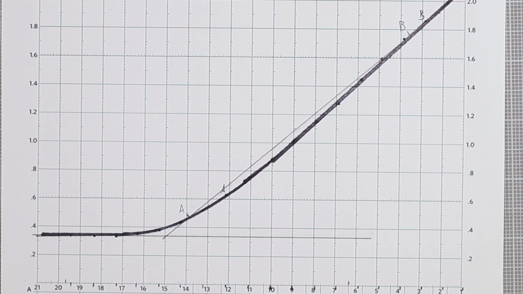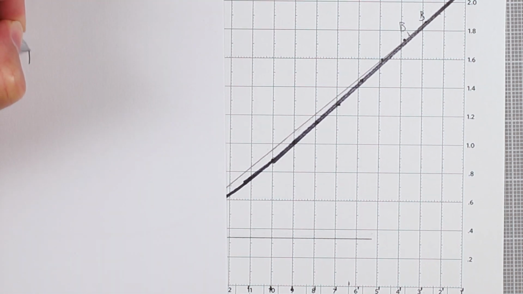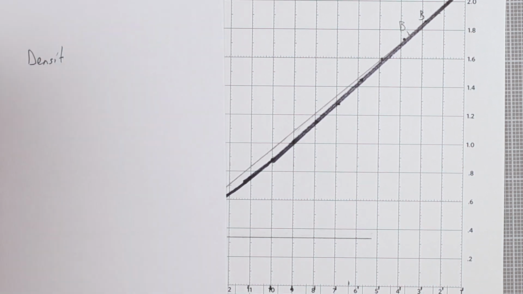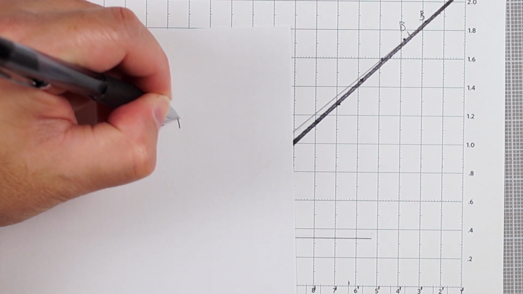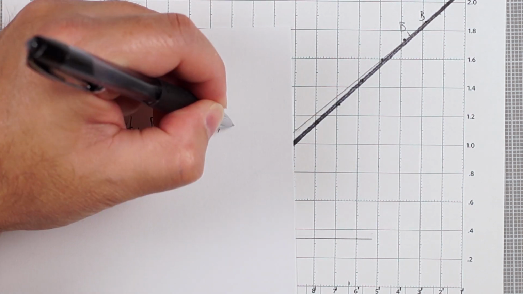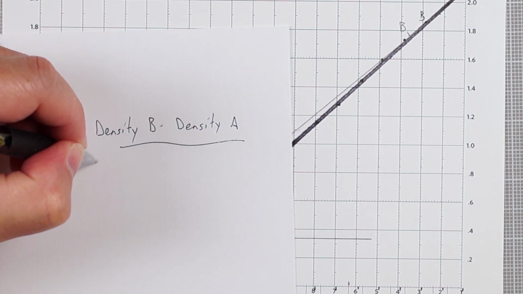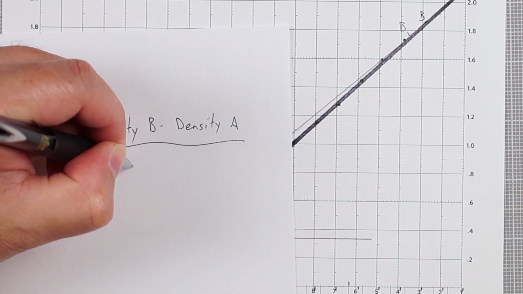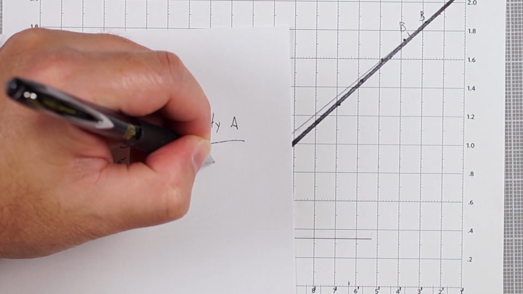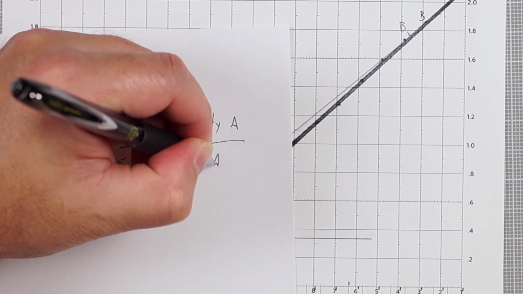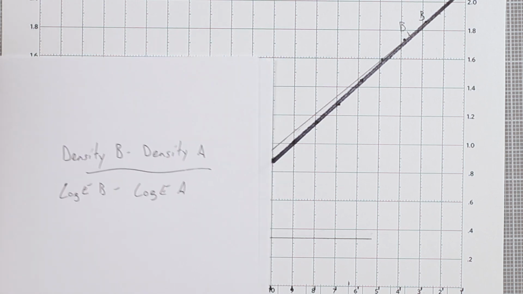Using the same formula, which I'll write again here, it is density B minus density A divided by log E B minus log E A. This is our exposure, this is our density. Let's go ahead and see what those points are.